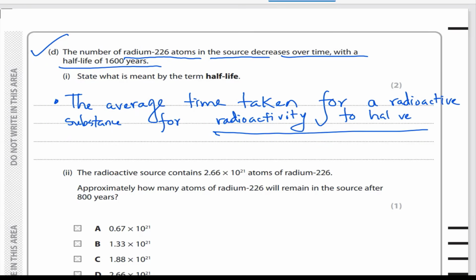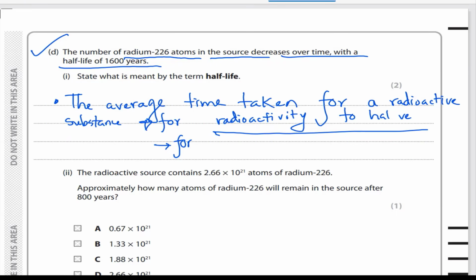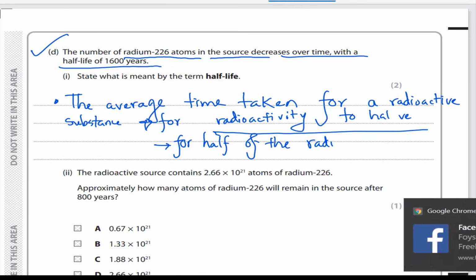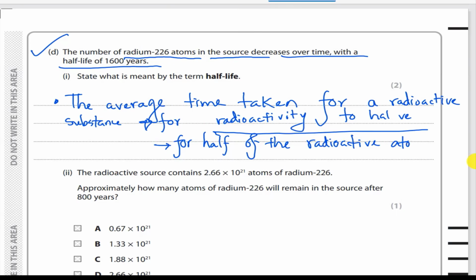Or you can write, the average time taken for a radioactive substance for half of the radioactive atoms to decay.